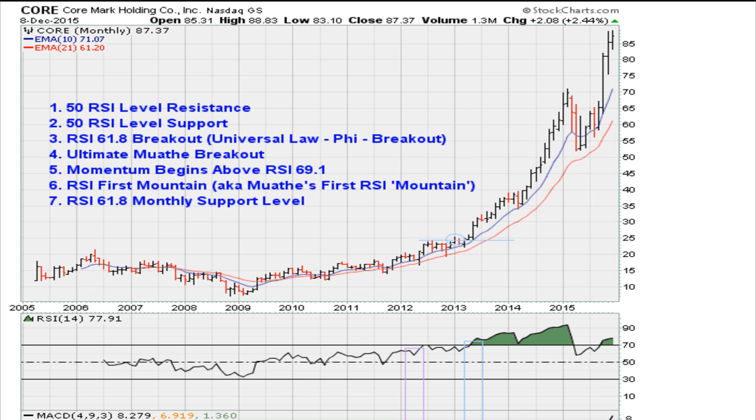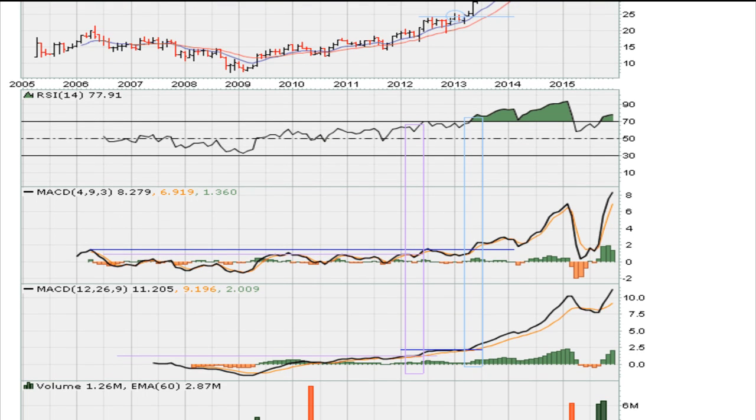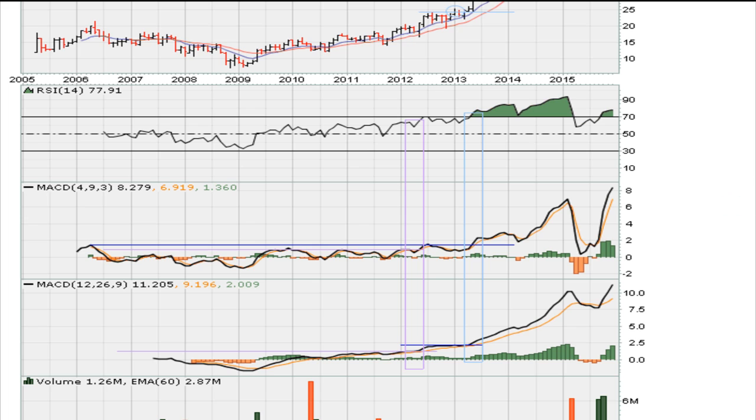And then there's also another breakout, and this time it took place here in the middle of 2013, which corresponded with the RSIs and the MACDs also moving to fresh all-time highs. You can see here that the RSI moved to fresh all-time highs.